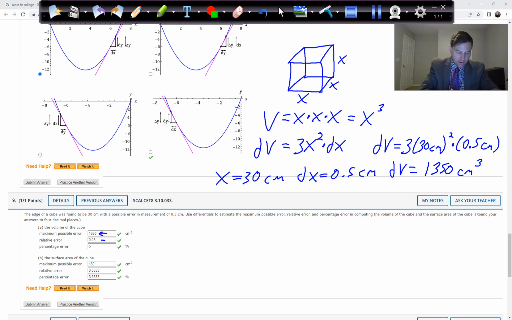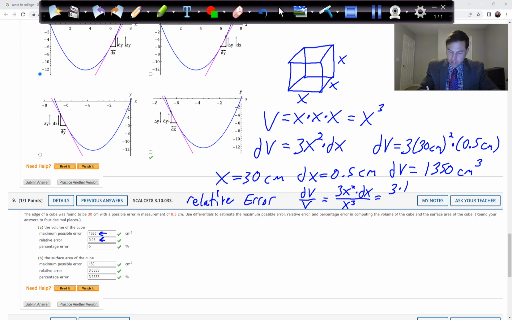Now relative error, it's in the name, it's relative to a reference. The reference is the volume V. So relative error is the differential volume divided by the original volume. Well, differential volume is 3x squared times dx, and the volume equation was x cubed. So we get 2 x's on top to cancel with 2 x's on the bottom.